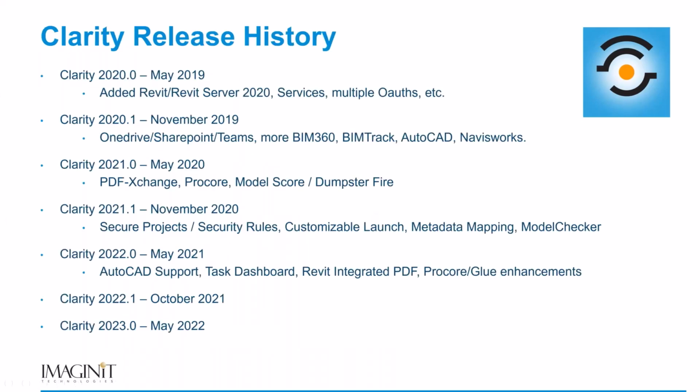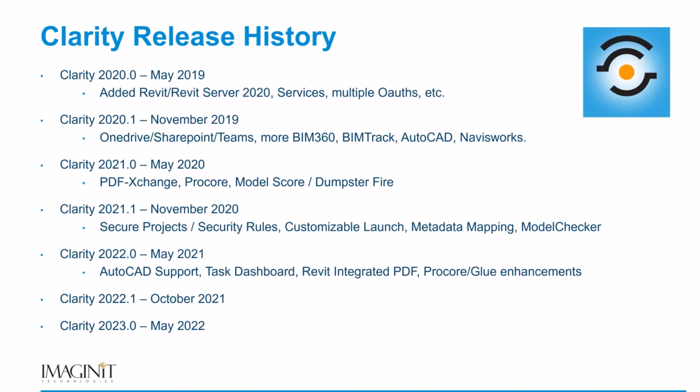Talking about the history of Clarity, I think 2011 was our first release, but we've generally stayed on a 2 releases per year release cadence, and we do that in order to stay responsive to customers and what they would like to see from us.